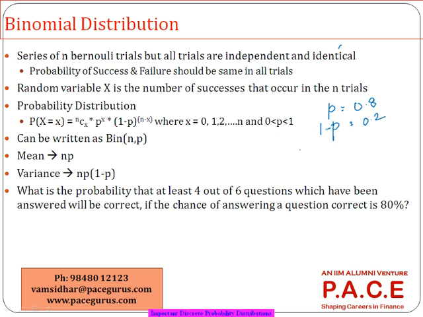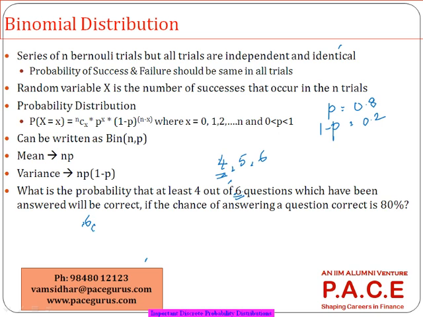Now, I am talking about 6 questions being answered. I want at least 4 correct, which means there could be 4 correct, 5 correct, 6 correct.